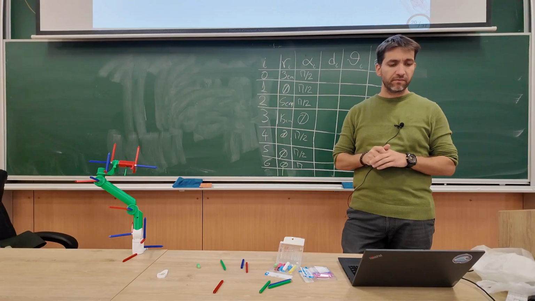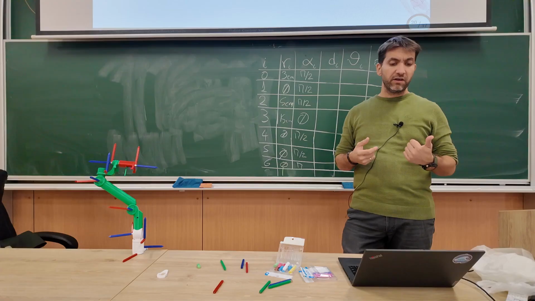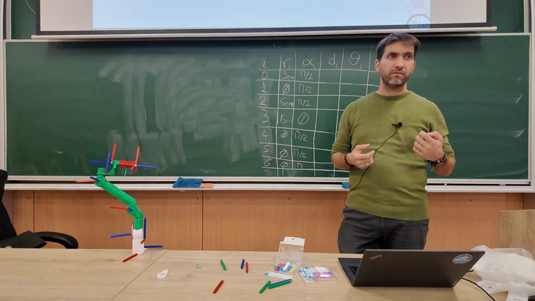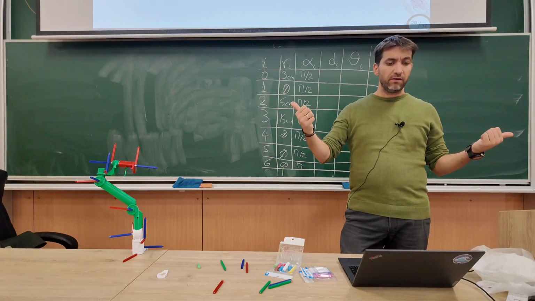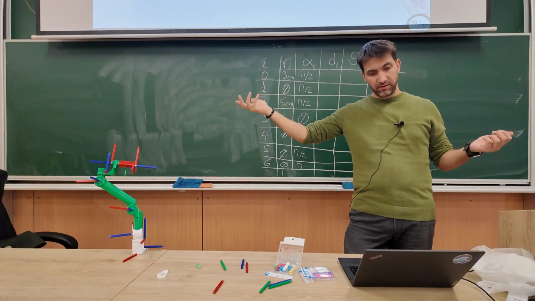Why is that? If you remember, xi is perpendicular to what? Right. And xi plus 1 is perpendicular to zi plus 1 and zi plus 2.